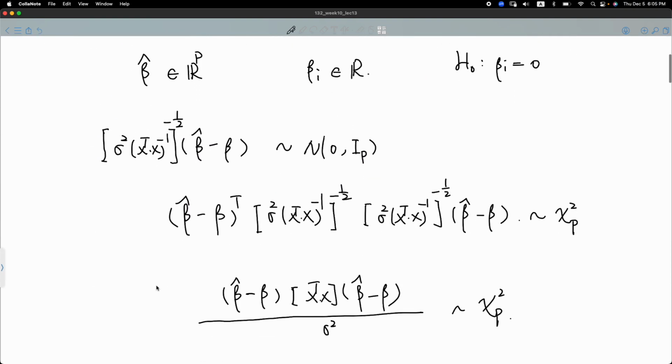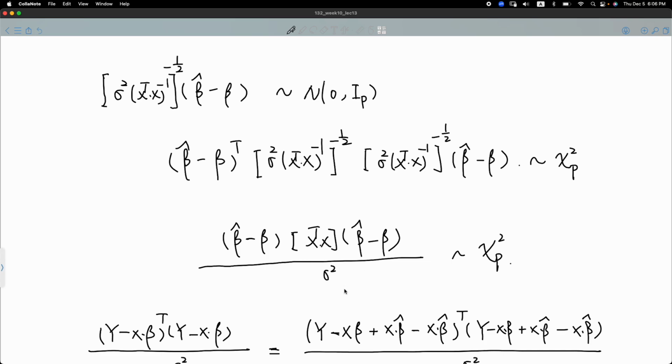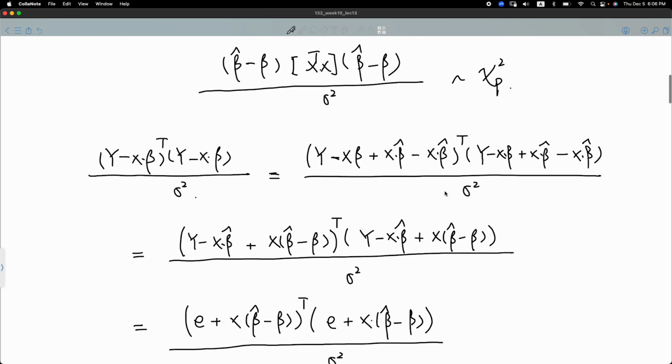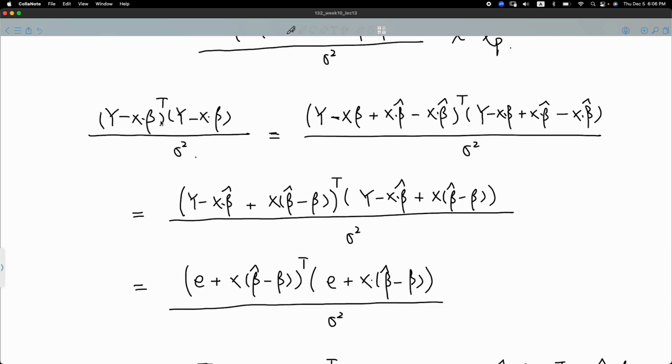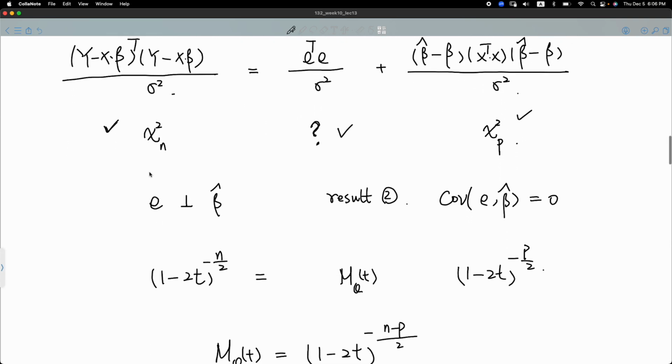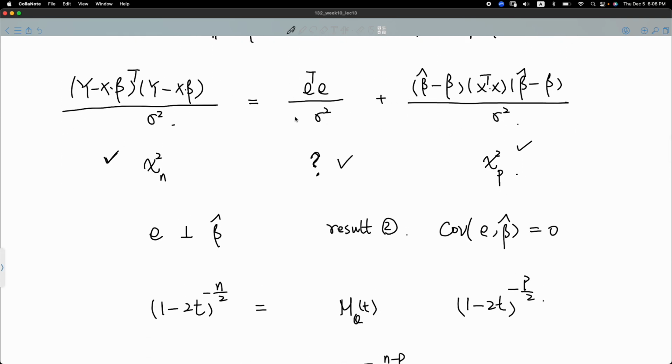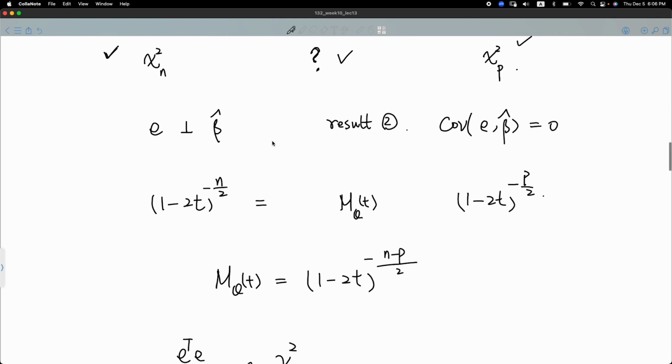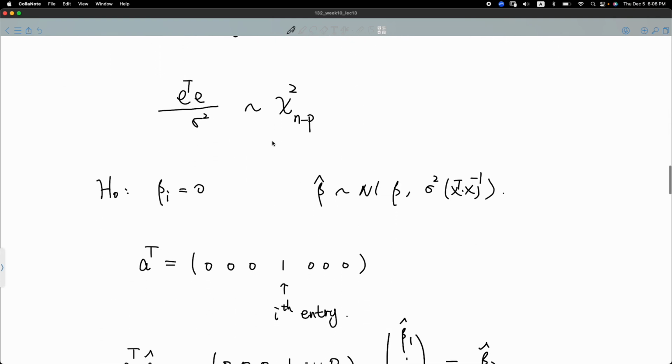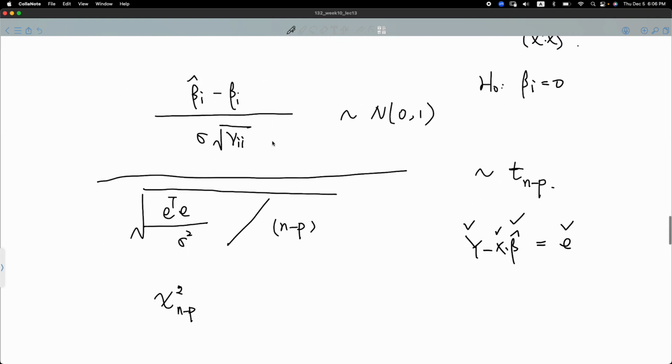So from here, because you don't know the true variance, you are not able to use the chi-square distribution to perform hypothesis testing. But after analyzing this particular expression, we obtain that this part follows a chi-square distribution, and using that additional information in the whole picture, you are able to use the t-distribution to perform hypothesis testing.